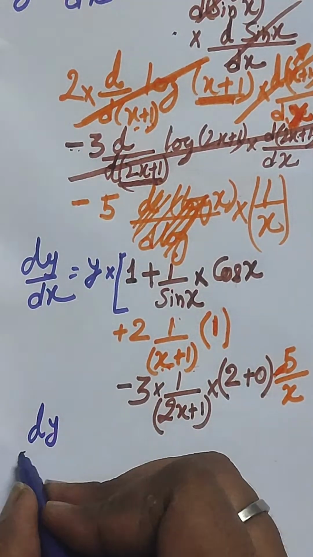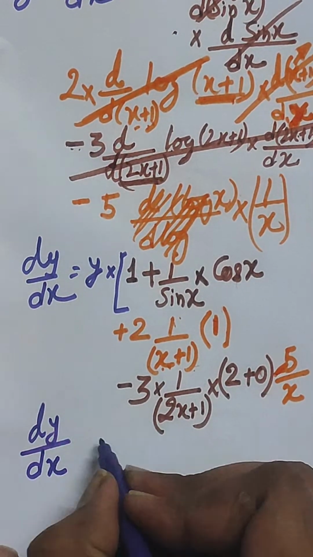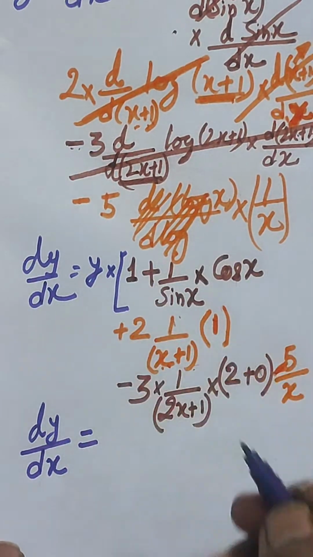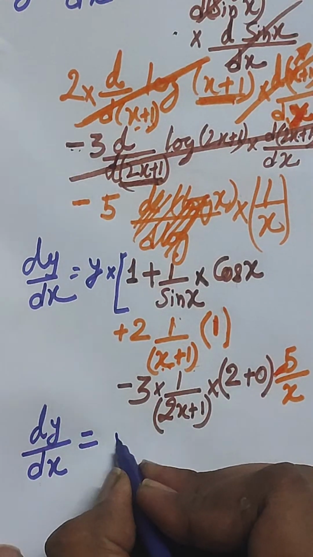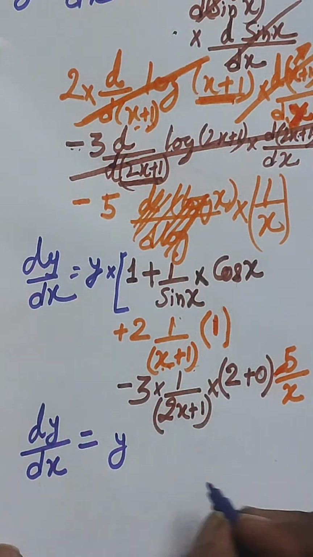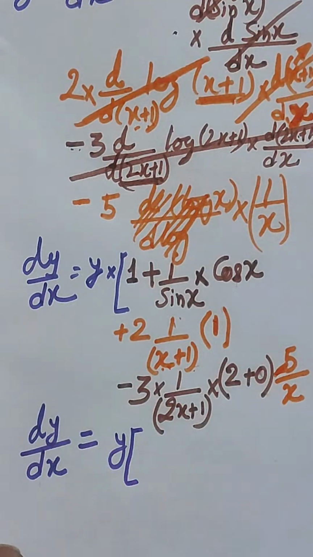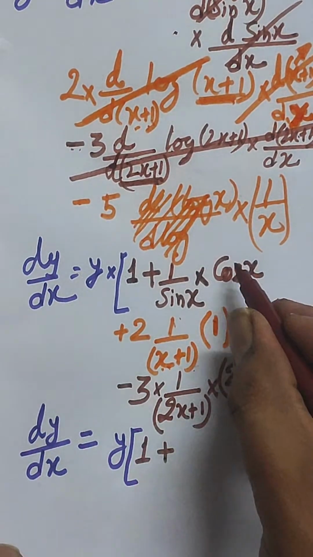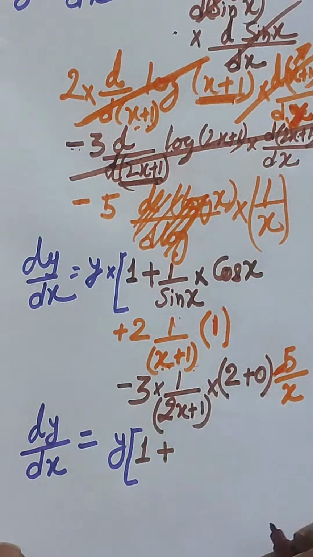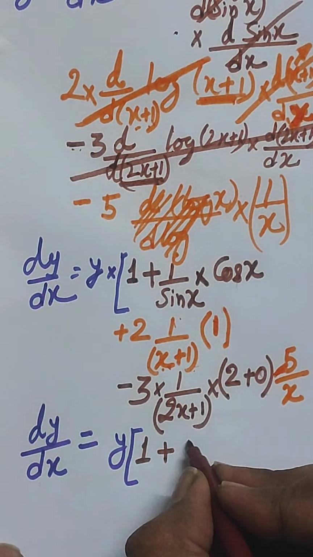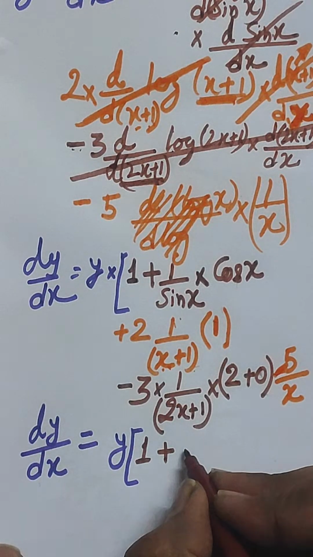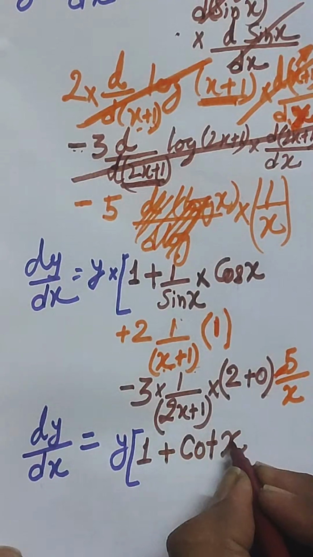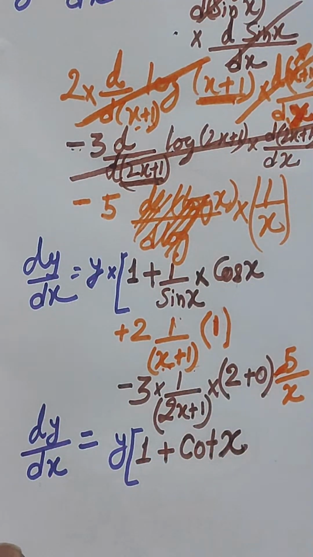The last step, dy by dx can be written as y times, inside the bracket, 1 plus cos x by sin x. How much is cos x by sin x? Sin by cos is tan, so cos by sin is nothing but cot. It's cot x, right?